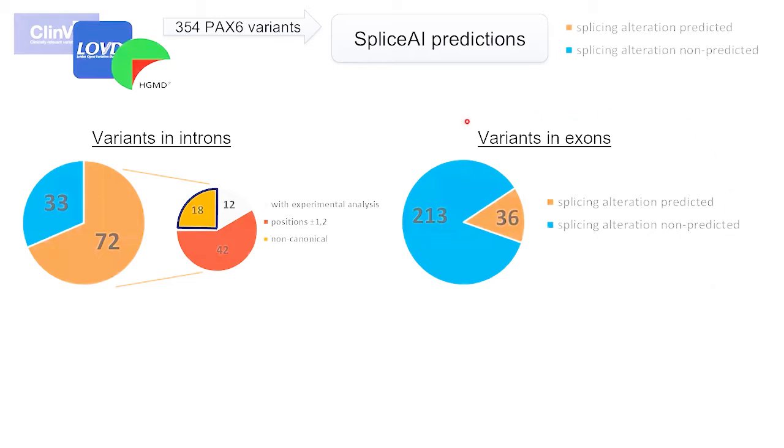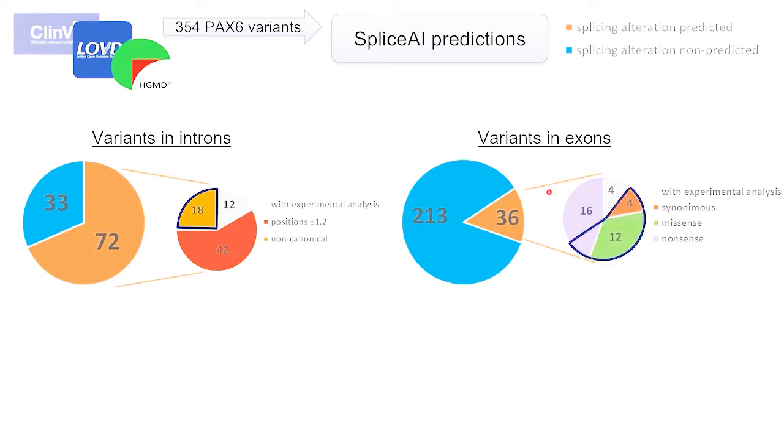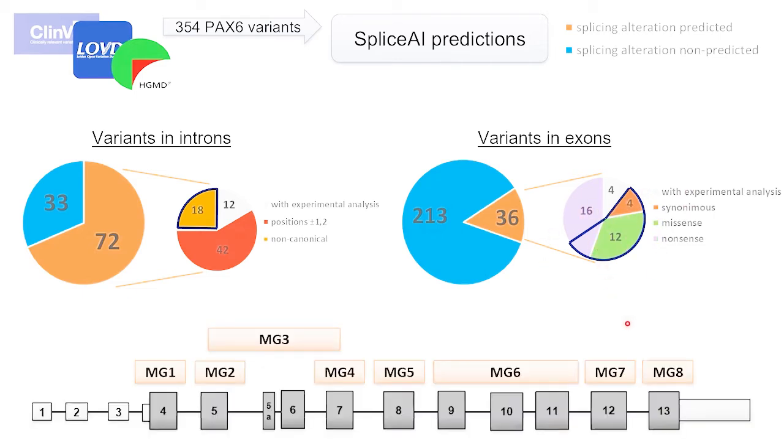Analysis of variants located in exons showed that approximately 15% of them could affect splicing. Such group includes synonymous, missense, and even nonsense variants. Out of them, for further analysis, we took all synonymous, all missense, and part of nonsense variants. In order to experimentally analyze interesting variants, we improved our Minigene expression system and created several new Minigene constructions.